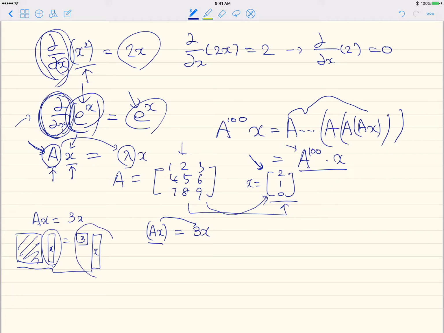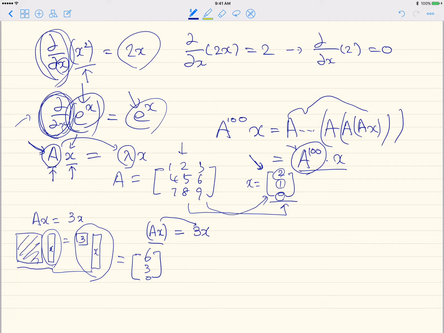But what about this? 3 times x. In that case, we can simply perform the scalar multiplication with each element, 2, 1, 0. So for example, like 6, 3, 0. Right? So it's much easier. And then let's consider this A to the power of 100 times x.